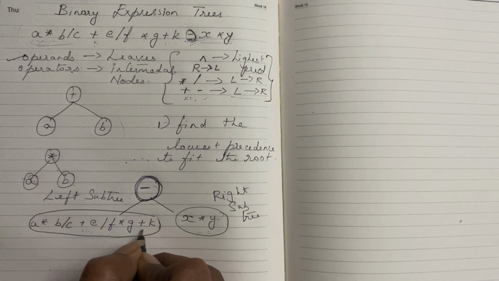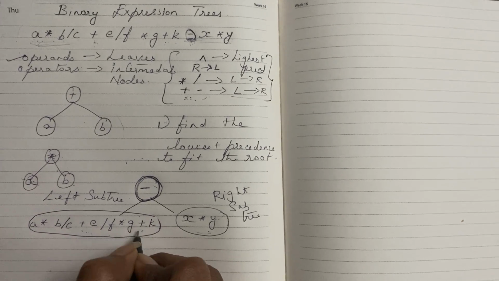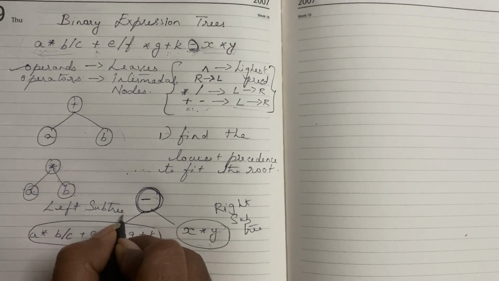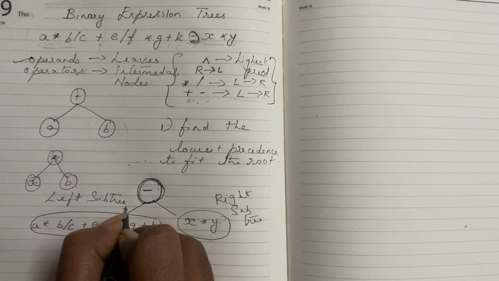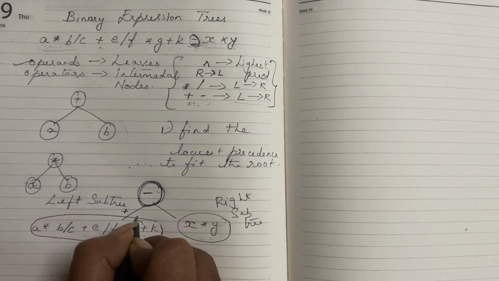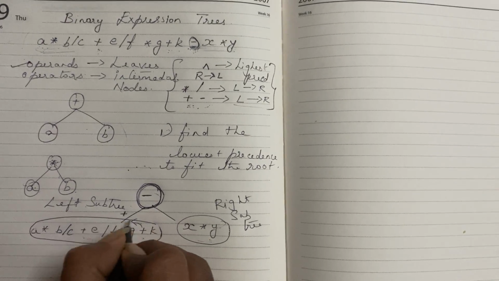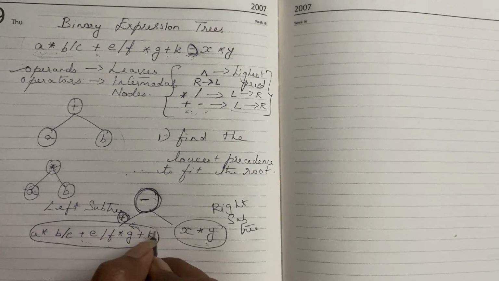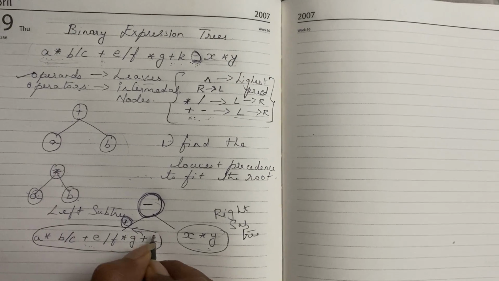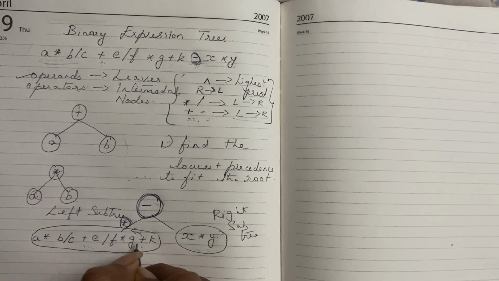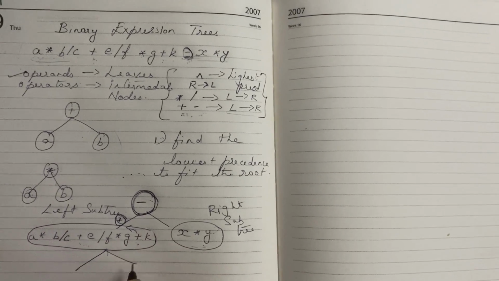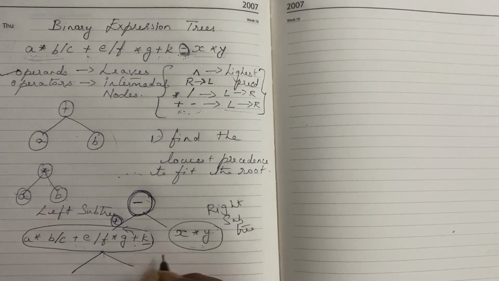Okay, so what step did we follow? After finding the lowest precedence, we have to split the expression. So at this particular point, this plus symbol will be the node, and we are splitting the equation into two. After the plus will be the right node and before plus will be the left node. So here after plus we have k.